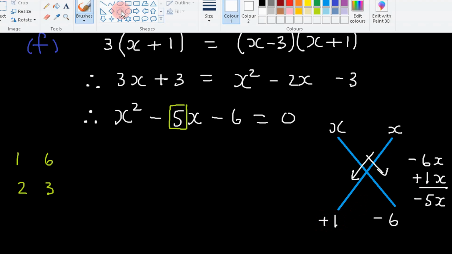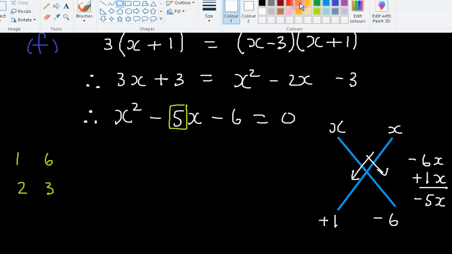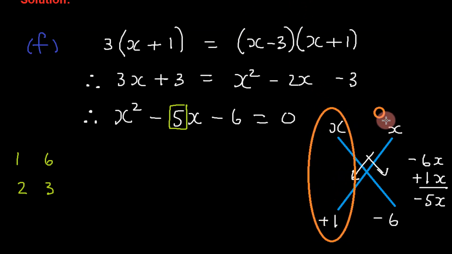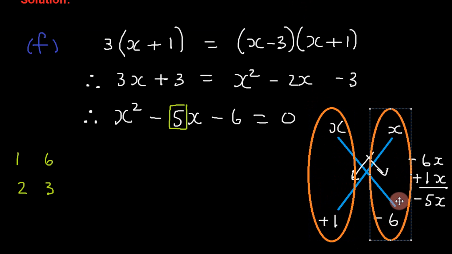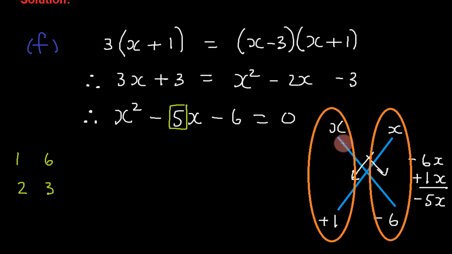Now we can group vertically. So x plus 1 in one set of brackets, and x minus 6 in the second set of brackets.